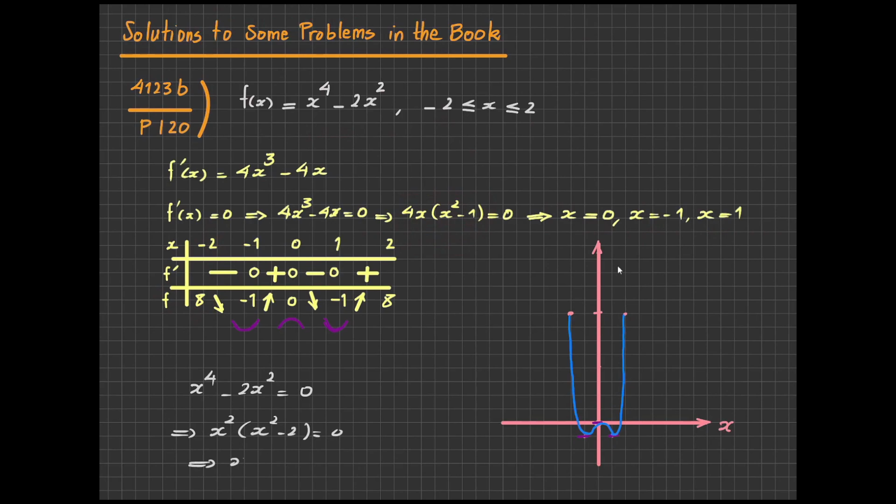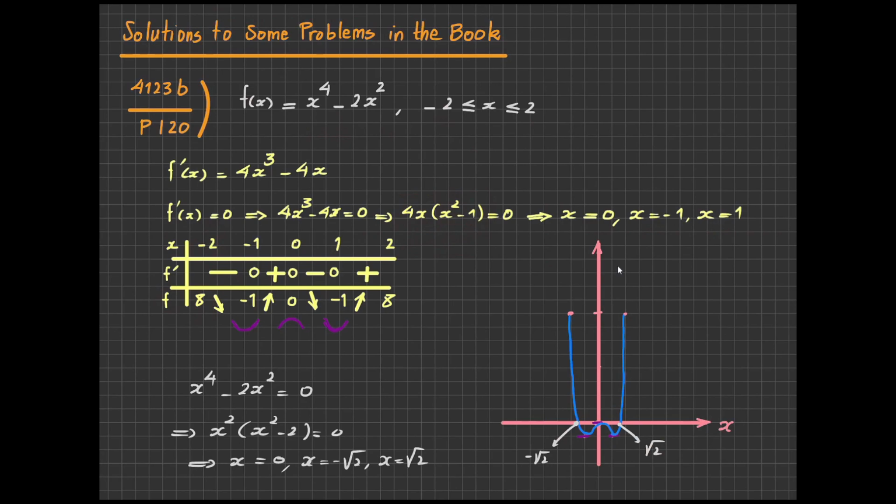Then I get x equals 0, x equals minus the square root of 2, and x equals the square root of 2. So if you want to be really precise, this number is minus the square root of 2, and this number is the square root of 2. Okay, something like that. Is that understandable? Yeah, this is good practice sometimes to know about that.